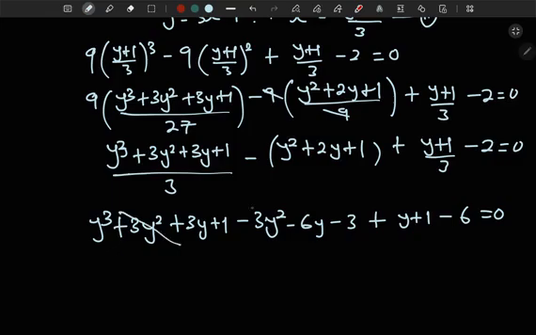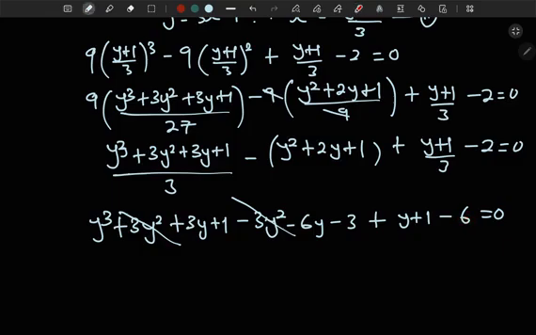Okay, so when you arrange that now and write your answer in simplest form, the 3y squared takes minus 3y squared, so those cancel out. So we have 3y and y, that's 4y, then minus 6y, that becomes minus 2y. Then we have 1 minus 3 and minus 6.